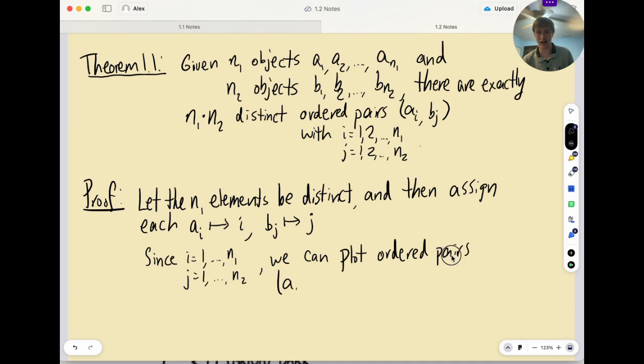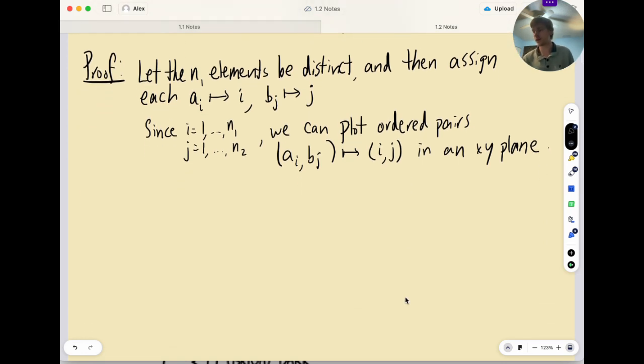We can plot a sub i, b sub j. We can plot all of those systematically by corresponding this with i, j in an xy plane. So just plot all the different combinations they could be.